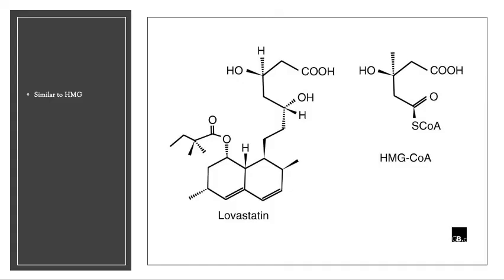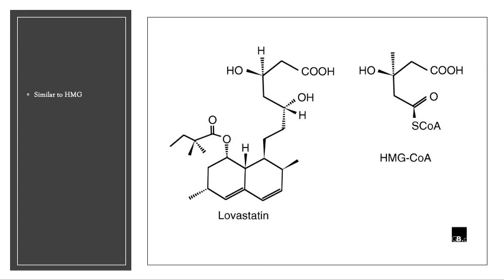All right, and here we're going to look at that HMG structure, and I want to look at this HMG structure because of the fact that it's so similar to the lovastatin, right? So the HMG-CoA reductase is going to be the rate controlling enzyme of the mevalonate pathway, which we already know plays a role and is responsible for cholesterol and other isoprenoid biosynthesis.